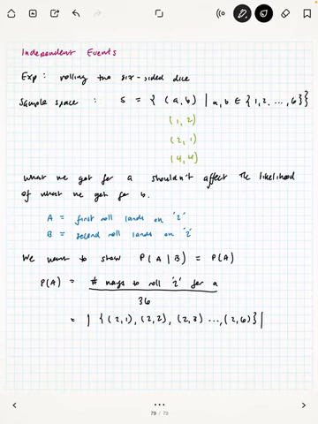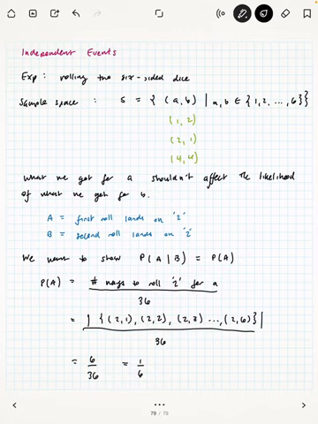And there's exactly 6 ways to do that. So 6 out of 36, and that reduces to 1/6. So that's the baseline likelihood that we get a first roll landing on 2.